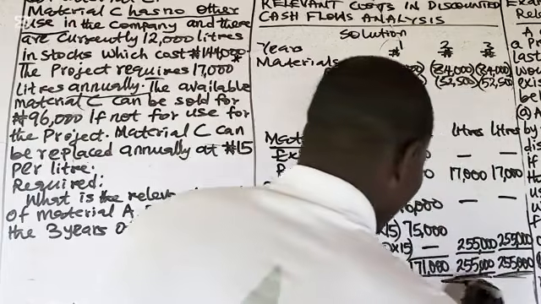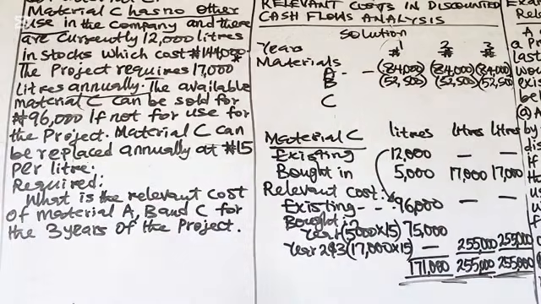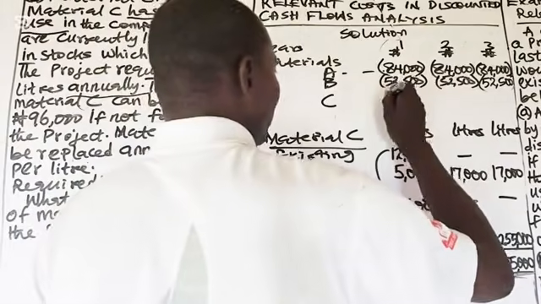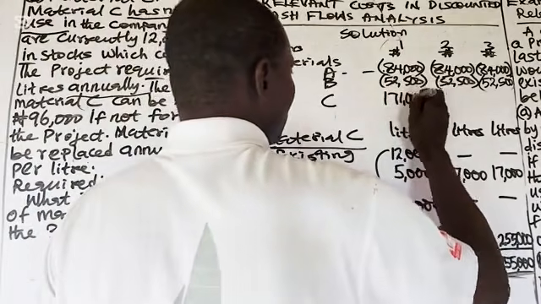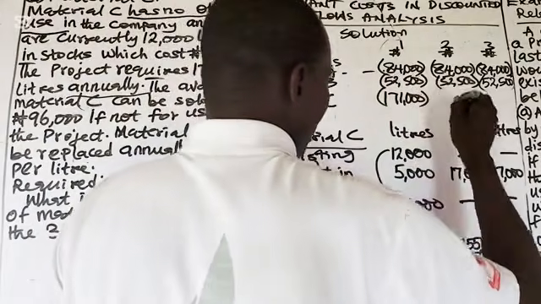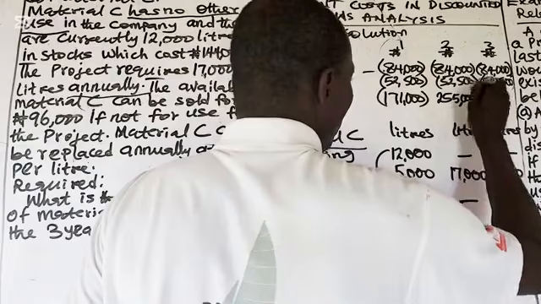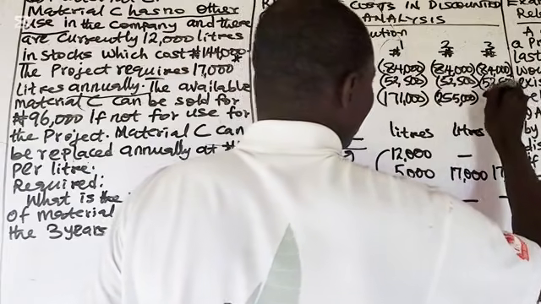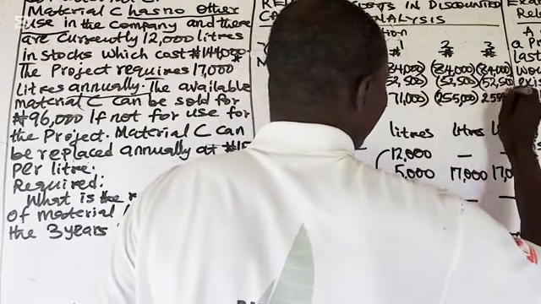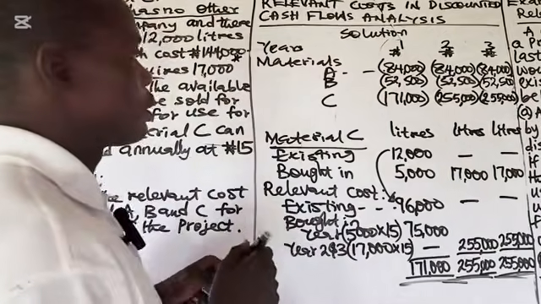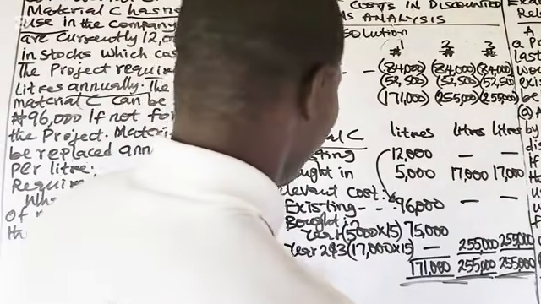That is the relevant cost of material C. So year 1, 171,000; year 2, 255,000; year 3, 255,000. So that is the relevant cost of material C.